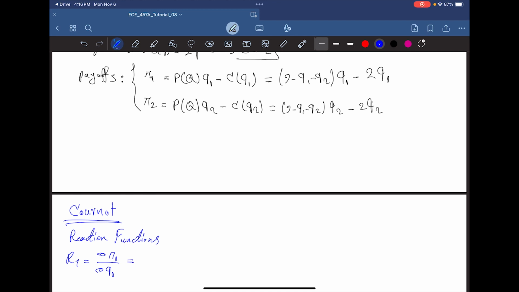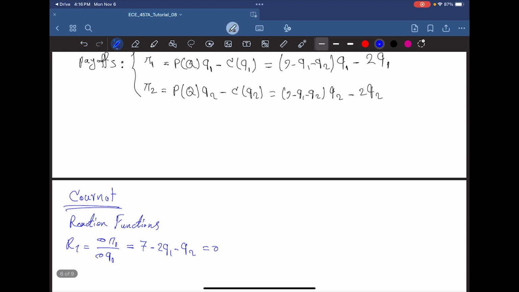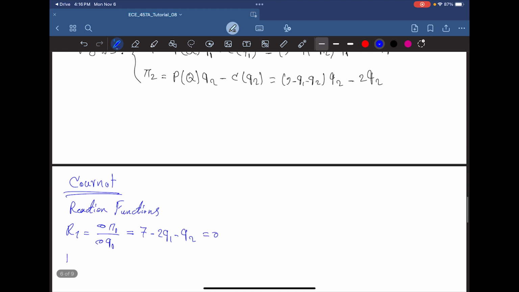It will result in 7 minus 2 Q1 minus Q2 equal to 0. And for the second company, that would be 7 minus Q1 minus 2 Q2.